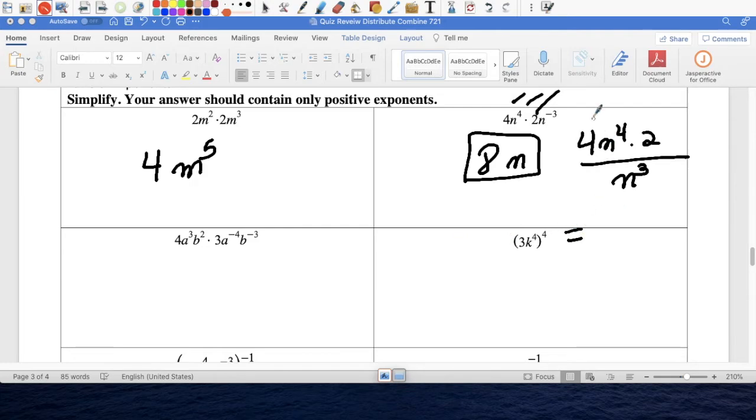Let's continue. Well, I can now multiply these two. I could have done that earlier. 4 times 2 is 8. And now I have n to the 4th and n cubed. Well, n to the 4th means n times n times n, 4 times. And n cubed at the bottom is n times n times n. So if you cross out, where am I going to have leftover n's? In the numerator. And you get the same answer. Your choice.